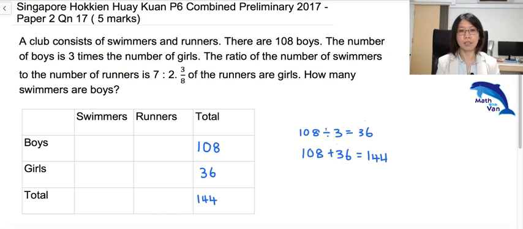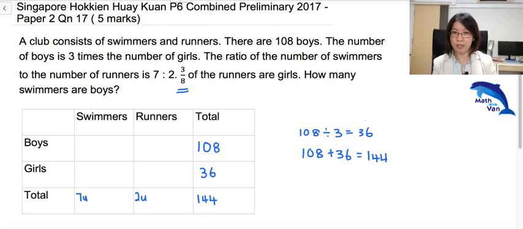Okay, so continue to analyze the next one. The ratio of the number of swimmers to the number of runners is 7:2. So 7 units here and 2 units over there for the runners. Oops, but we were told that 3/8 of the runners are girls. So here is 3/8. How do I reconcile these two numbers?